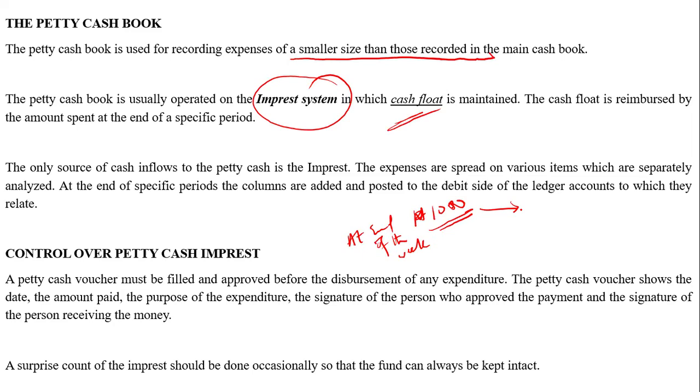If it is above 1,000, he has to wait till the weekend. So when the week ends and he has spent 800, the rule is that he will have a balance of 200.